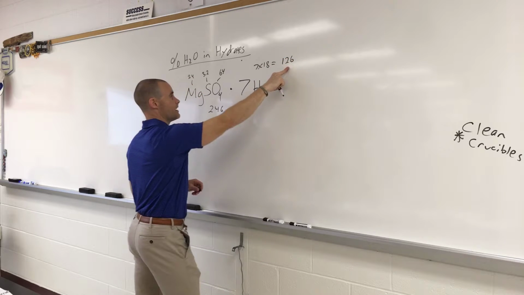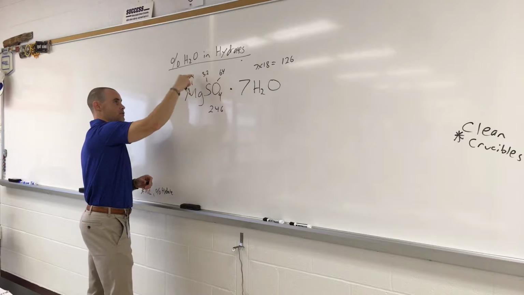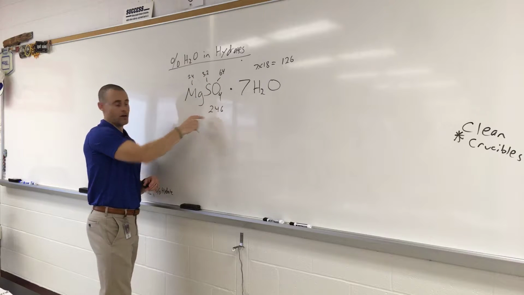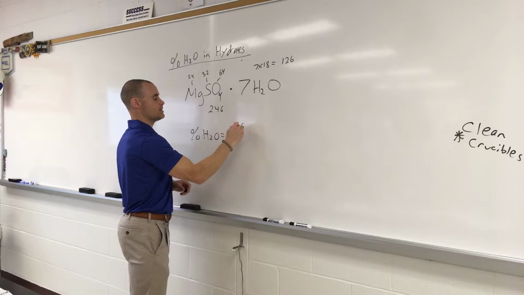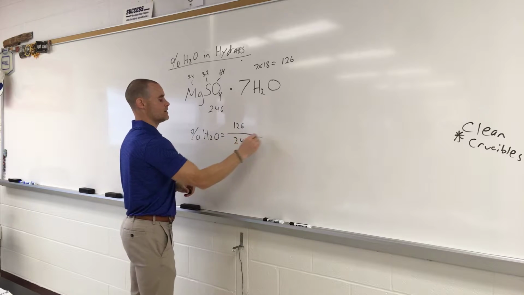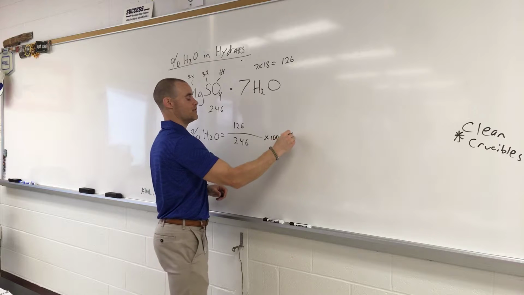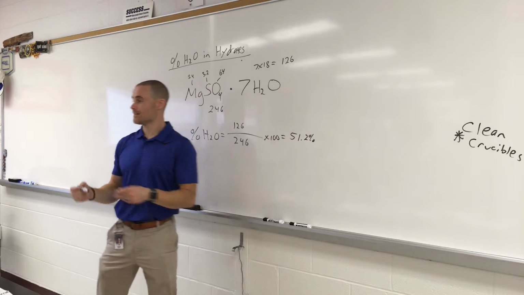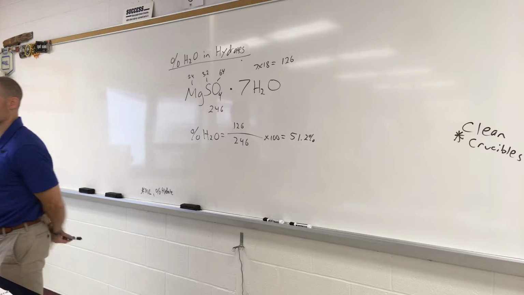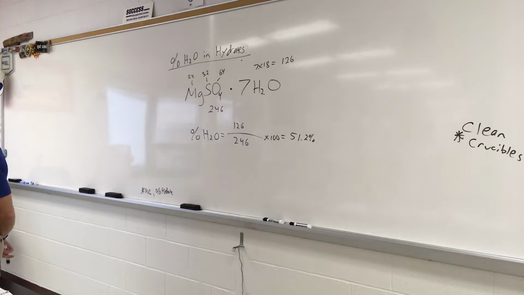So you did 126 plus 64 plus 32 plus 24 to get that? Good. So percent water would be 126 over 246 times 100. And you said it's 51.2. There we go. That's how we do it. That's the Regents problem.